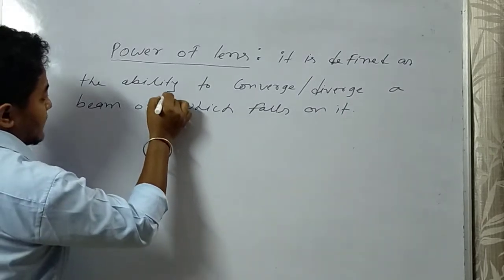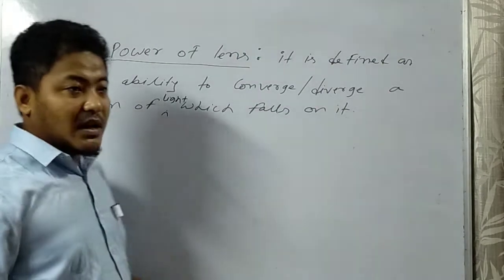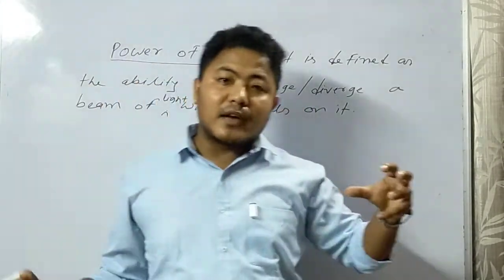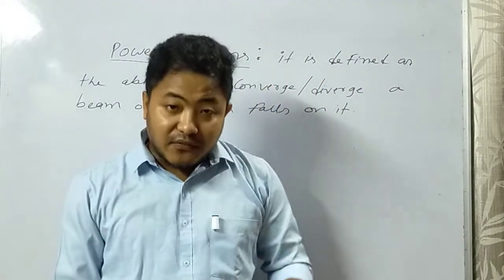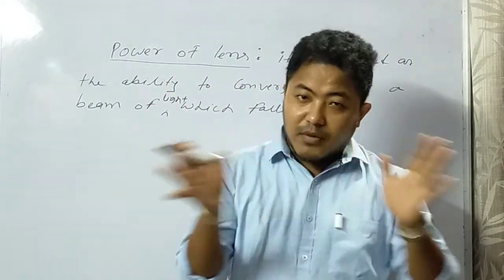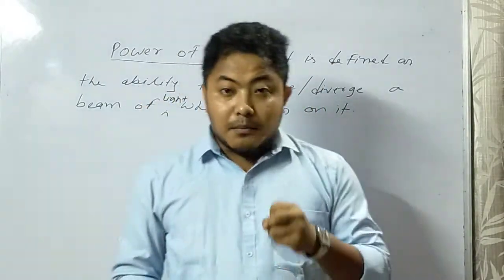A beam of light which falls on it. That means once a beam of light or ray of light falls over a lens, then after falling, how much it can converge and how much it can diverge, that will be the power of a lens.